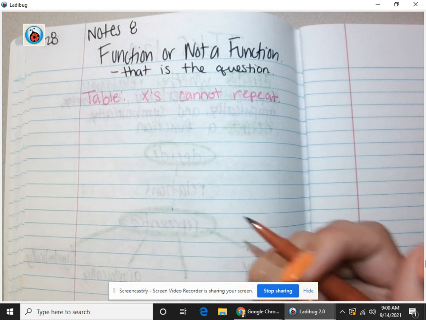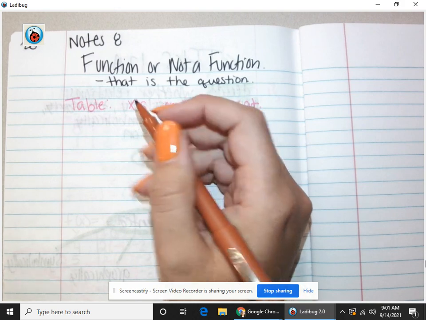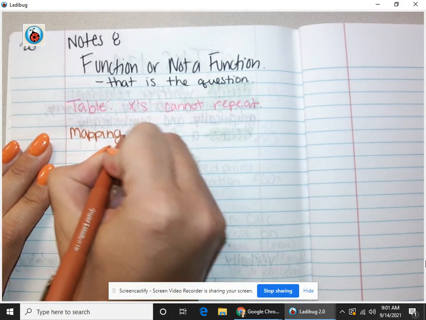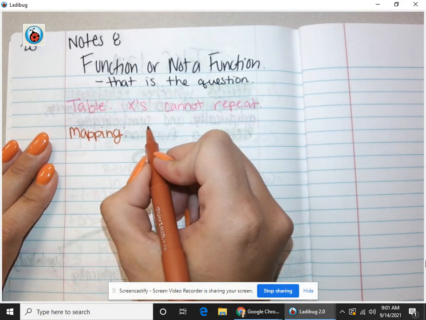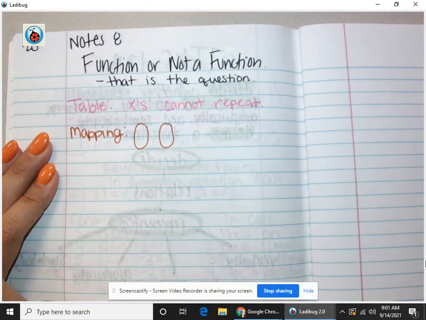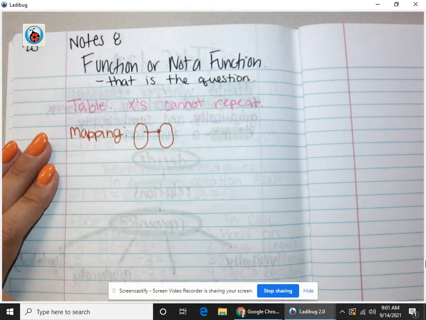Easy enough? Okay, then we've got a mapping diagram. And mapping's the one where it's got like two circles, and you've got like arrows pointing from one way to the other.